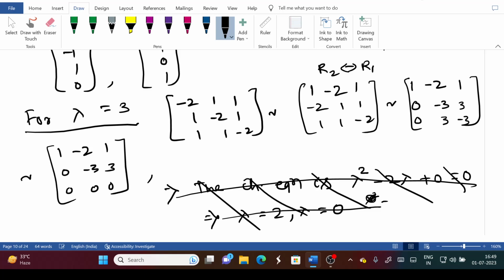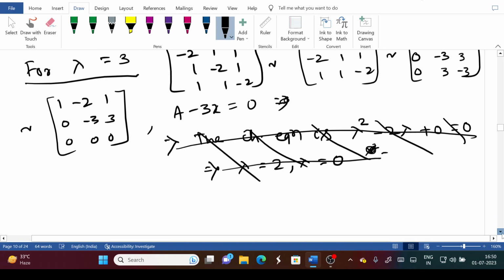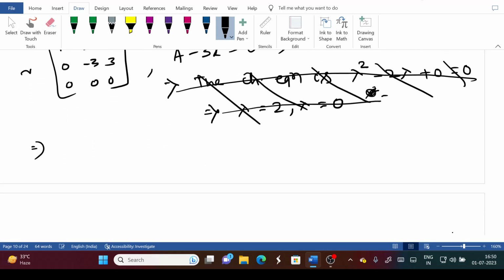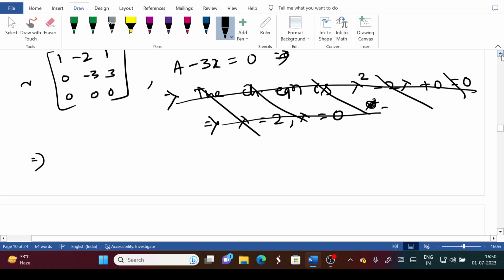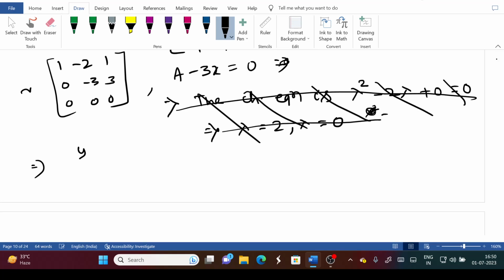Now (A minus 3I) y equal to 0 implies we get the equations y1 minus 2y2 plus y3 is equal to 0 and minus 3y2 plus 3y3 is equal to 0.